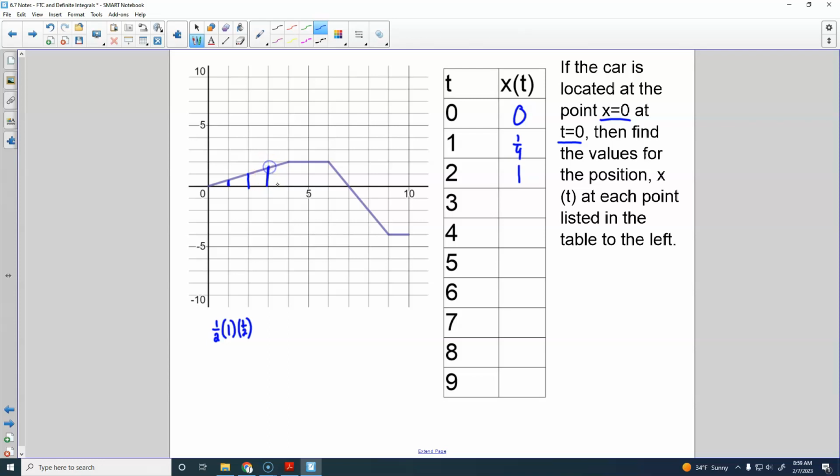Right here, I'd have a triangle. It's going to be 1/2 times my height, which is 3/2, and my base would be 3. So that is going to give me 9/4. And then here, now my base is 4, my height is 2, so that'll give me an area of 4.